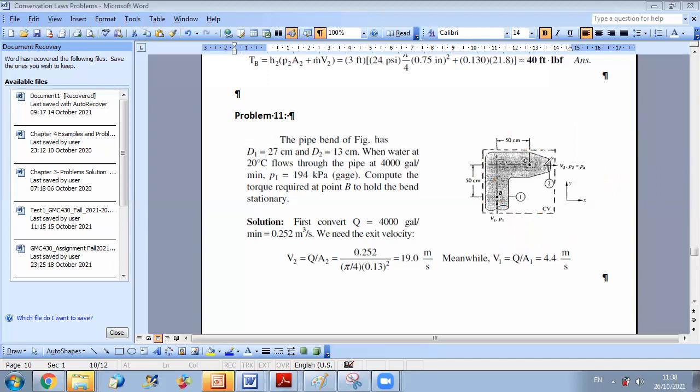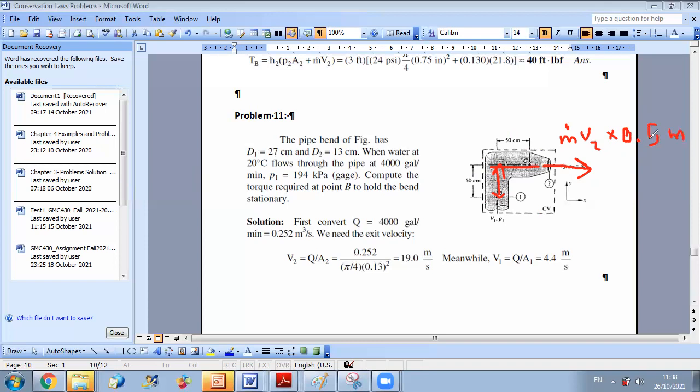So this is my crossing flux. I have it at a distance of 50 centimeters from B. So the rate of angular momentum will be m dot out V out times the distance of 50 centimeters, which is 0.5 meters.